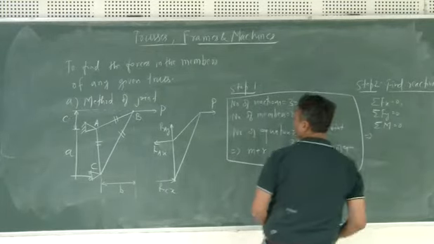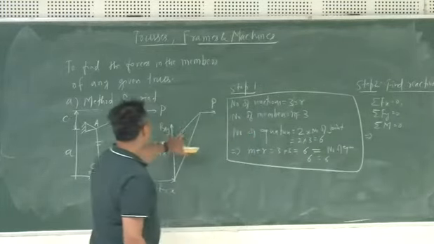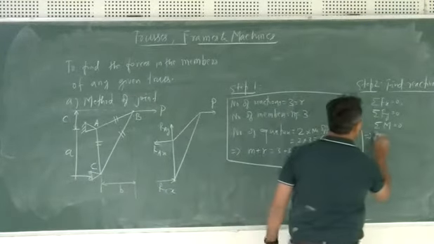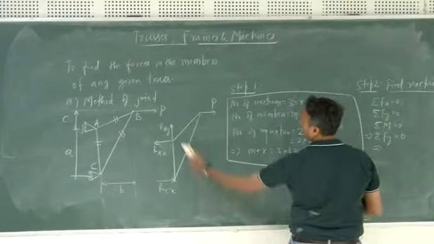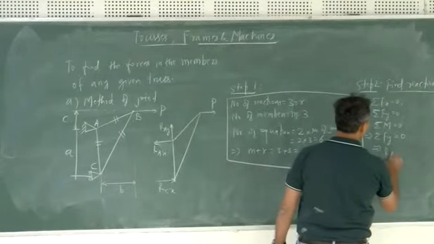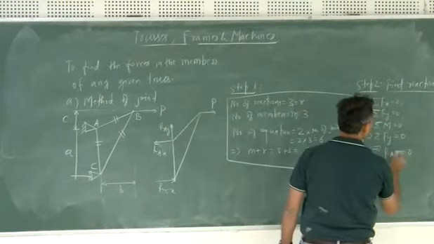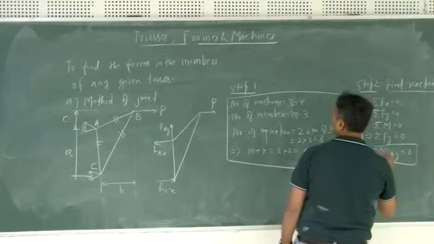So for example, if you take summation of Fy equals 0, this will give you RAY positive plus 0, so RAY equals 0.